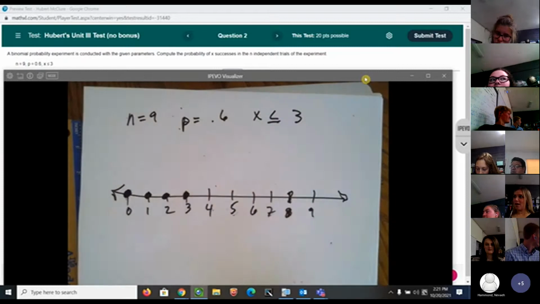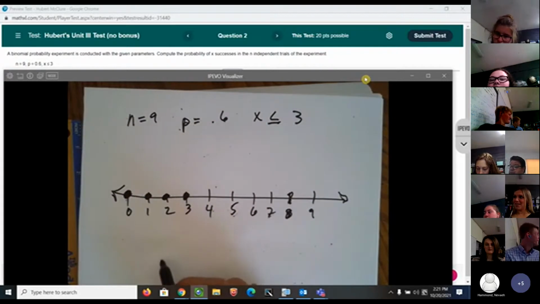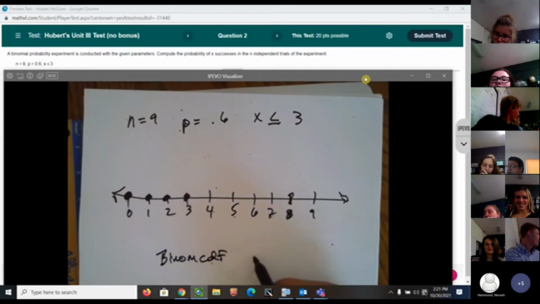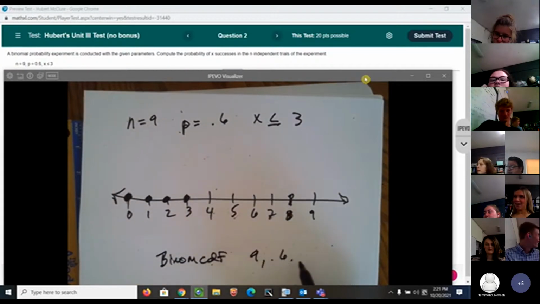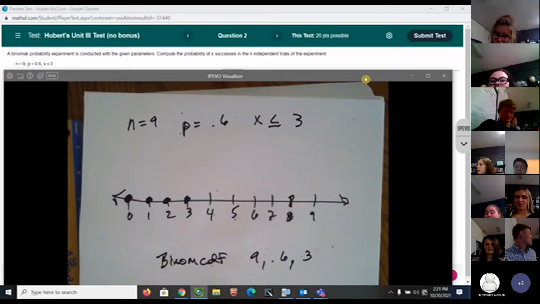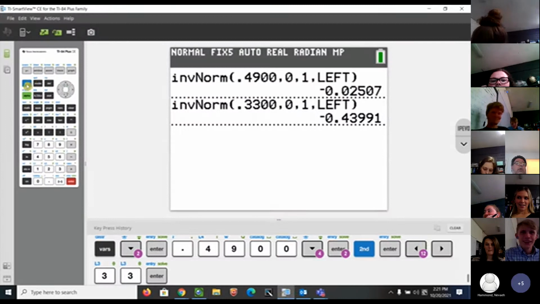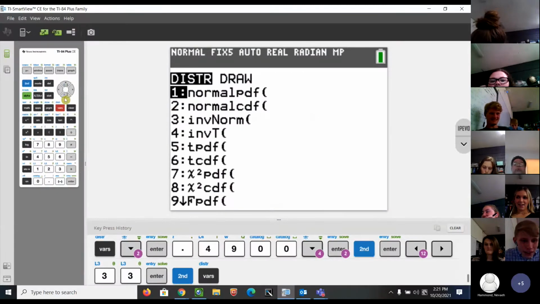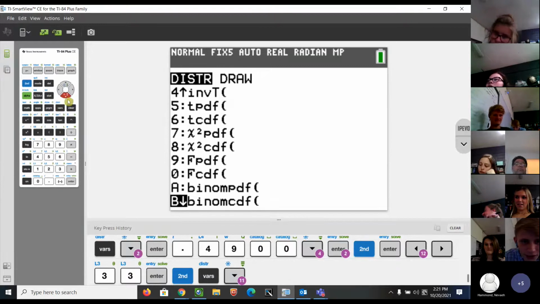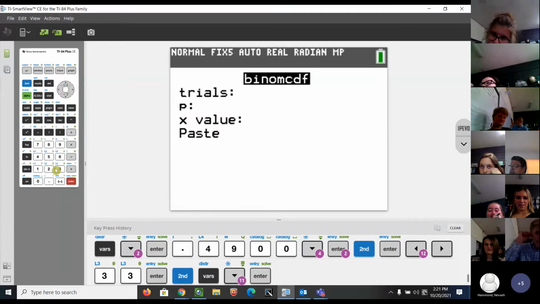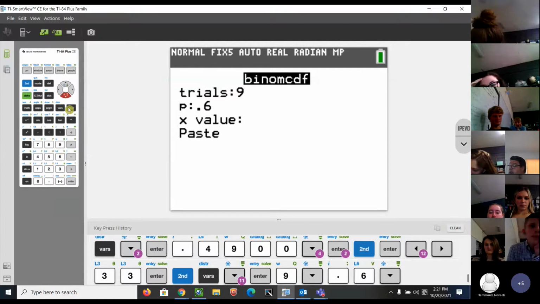So that'd be your binomial CDF. So binomial CDF 9, 0.6 and 3. So take your handy dandy calculator and second vars binomial CDF for cumulative. And that's going to be 9, 0.6 and 3.